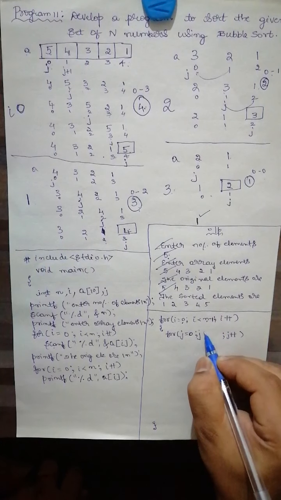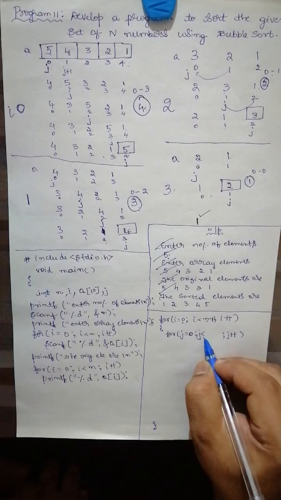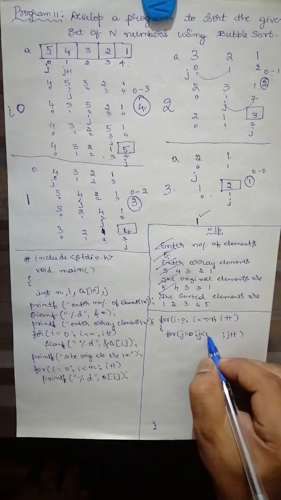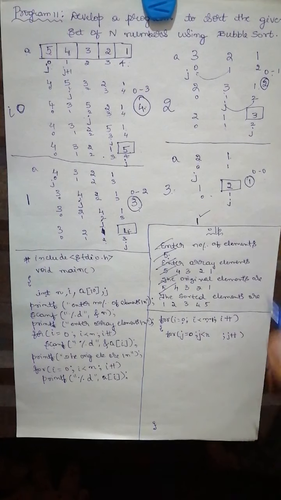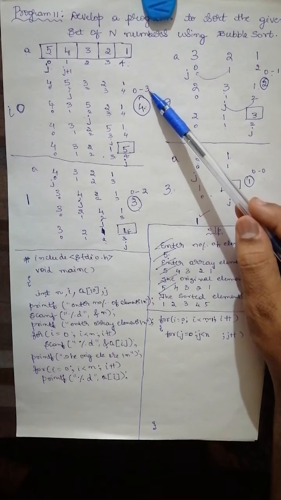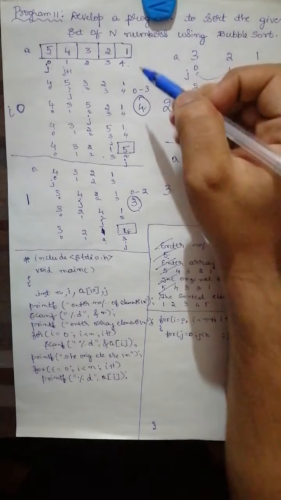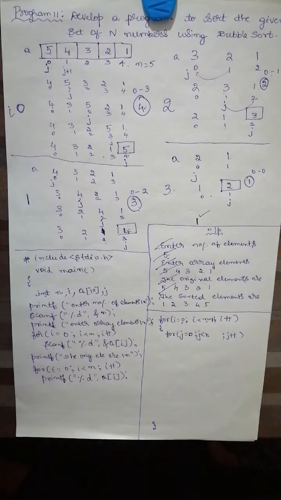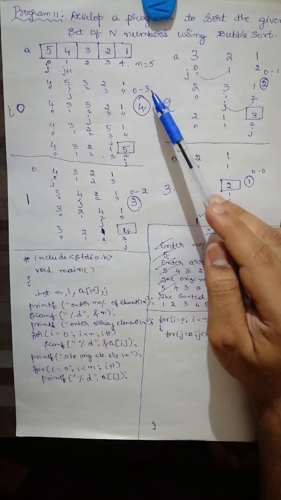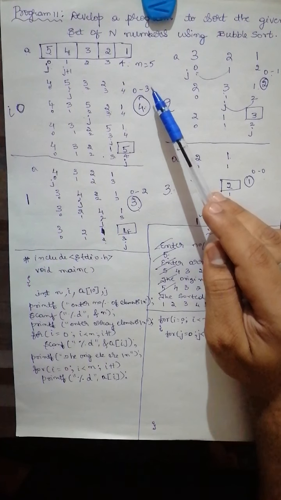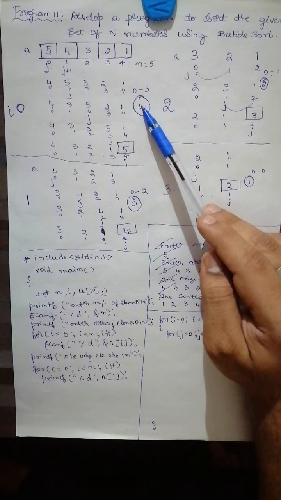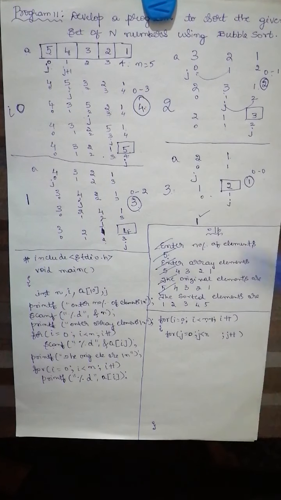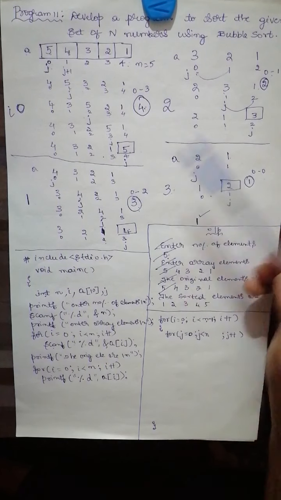I will traverse till j less than n minus... see, you can notice here, how do I get this 3? n is 5. If I say less than n, it will traverse up to 4. If I say n minus 1, it will traverse up to 3. But I can't write that condition, because every time it is not the same.